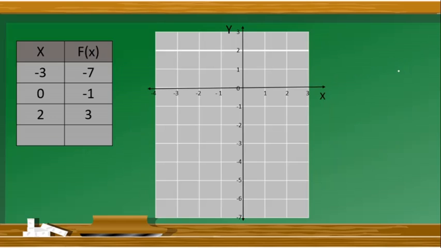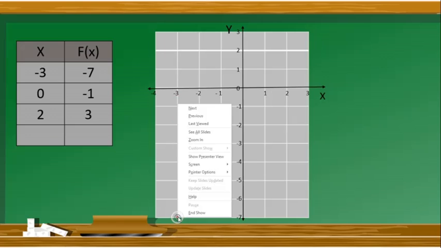So if we plot that in a graph, let's say the first one, when the value of x is negative 3, the value of our f of x or our y is negative 7.